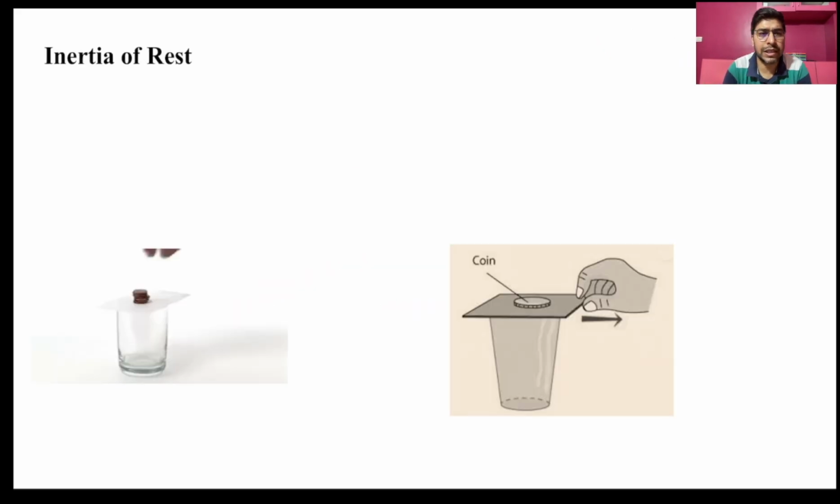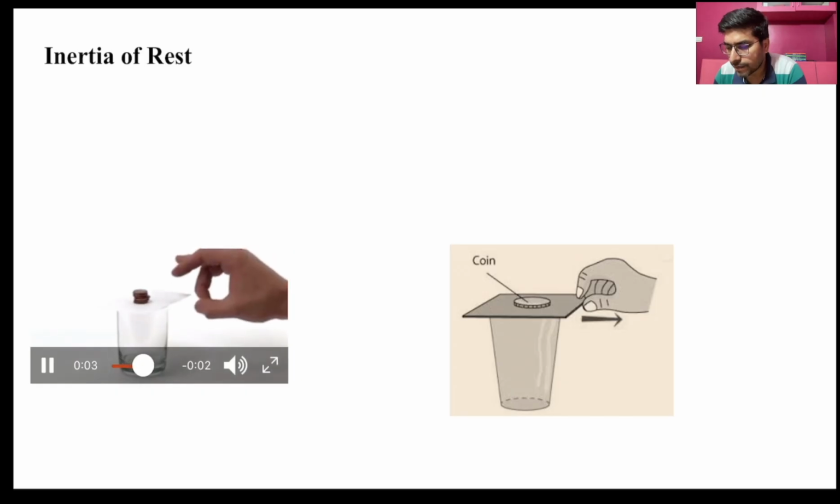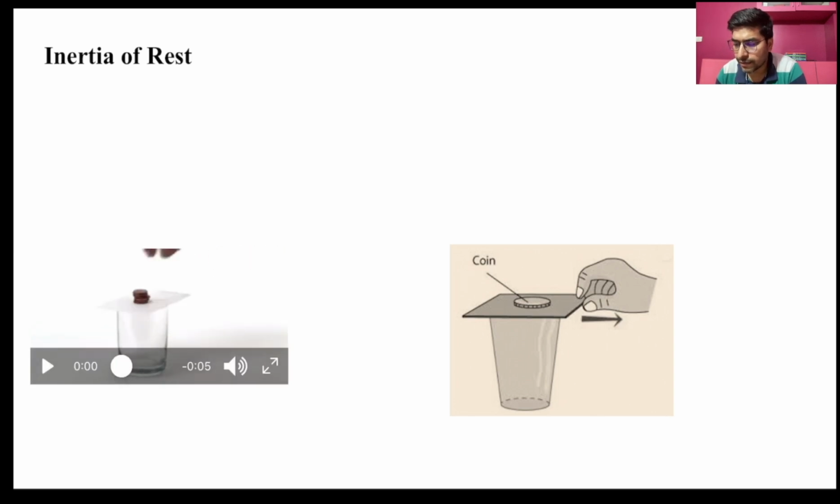Now come back to this example. Okay, it's a very famous example. Here we can see the animation. If we move this cardboard quickly, right? This cardboard, that is here, I'm going to underline so you can understand. If we move this cardboard quickly, this coin will fall down into this glass, right?